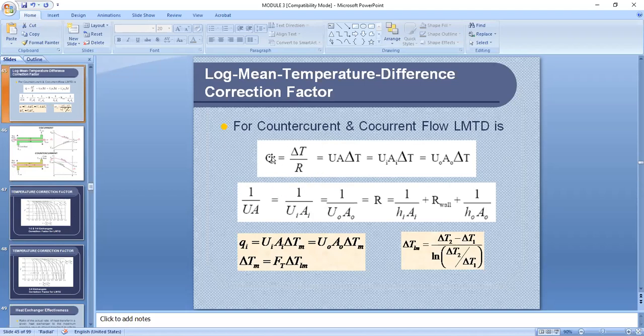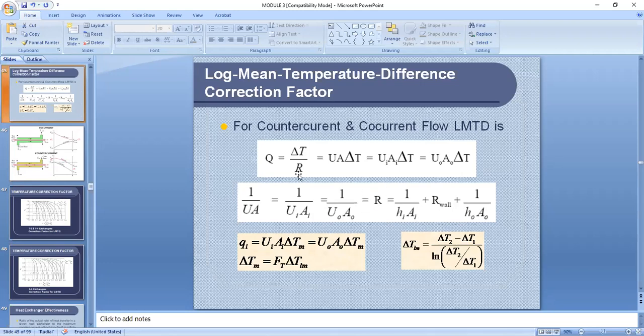What are these resistances? They account for the heat transfer coefficient H sub I, based on the inside transfer area, then H sub O, the outer area, and the resistance due to the wall itself that separates the two fluids. So this is your R in here.